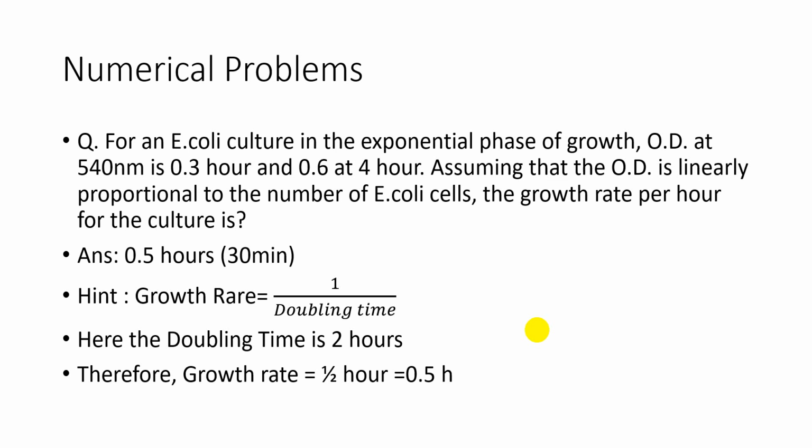Assuming that the OD is linearly proportional to the number of E. coli cells, the growth rate per hour of the culture is, so the answer is 0.5, because the formula is growth rate is 1 upon the doubling time, and here the doubling time is 2 hours. So 1 upon 2 hours becomes 0.5 per hour.